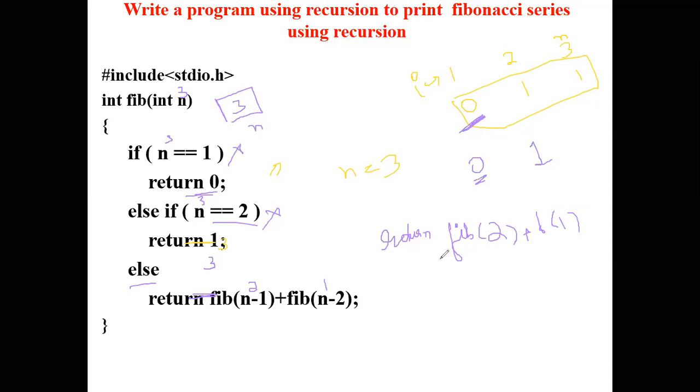So again we are making the function call. We are calling the function fib of 2. What is the value of fib of 2?